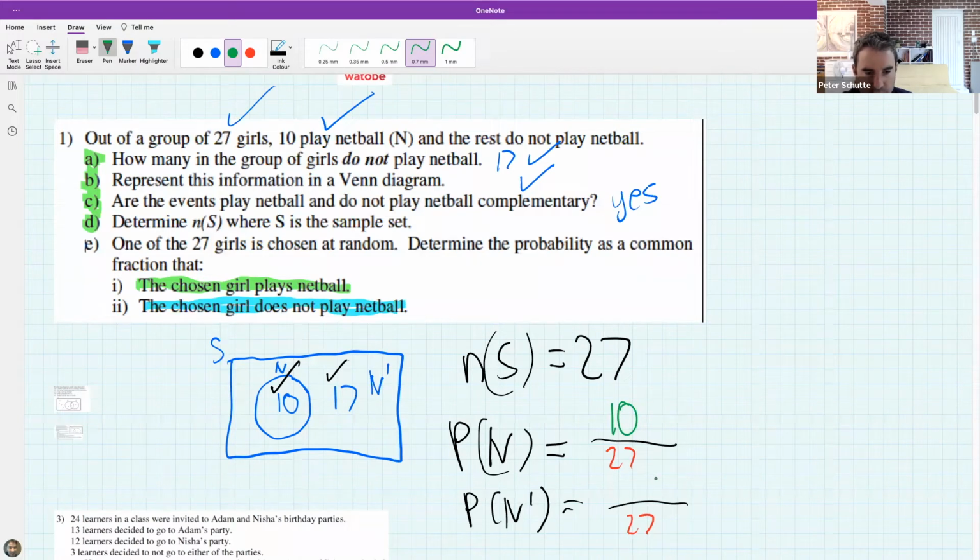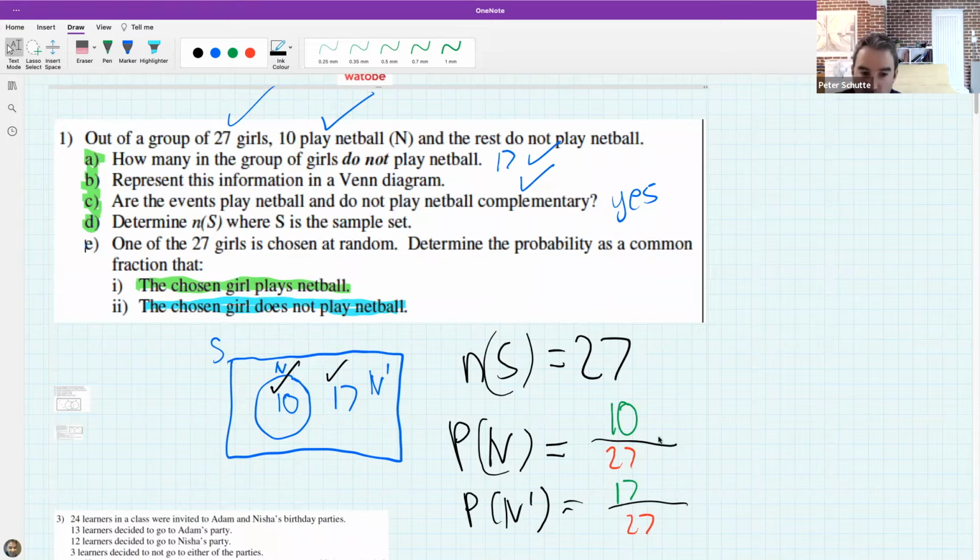What's the probability of not playing netball? It's going to be 17 out of 27. And because they are complementary events, if you add those two probabilities together, you get 1, which is what I was saying earlier on.